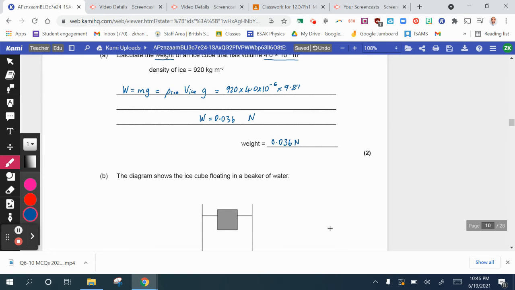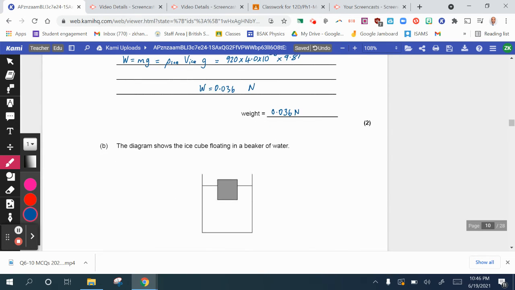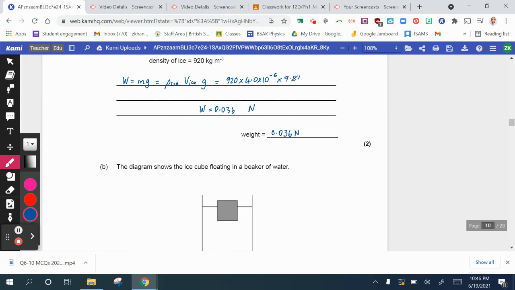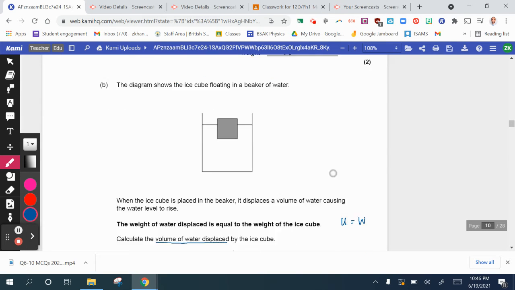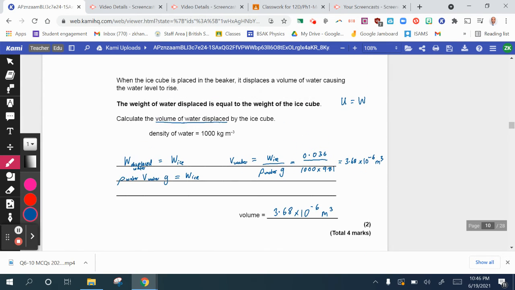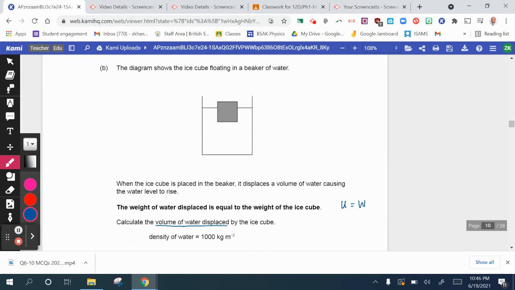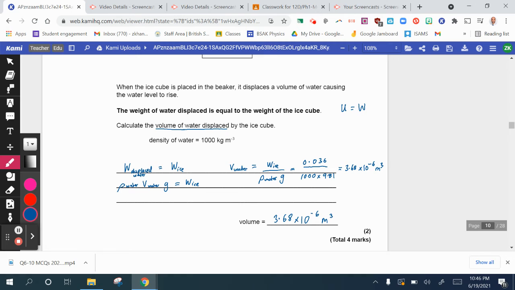That's the same ice cube. Nothing's changed. So we don't really need to expand this out to density times volume times by gravity as we've done there, because we've already got the answer of 0.036 newtons. So that's why I've not really expanded that out.